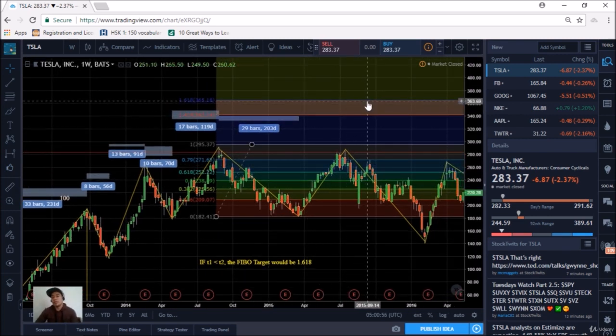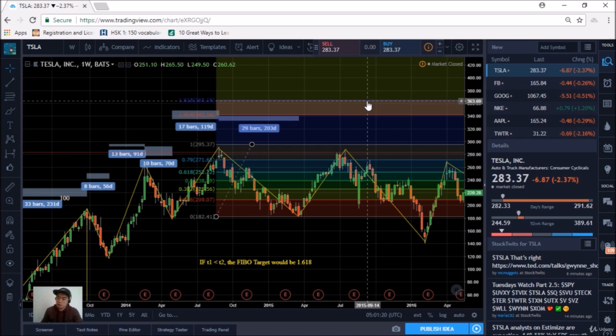Now you can see that the Fibonacci target moved from 0.618 to 1.618, which is getting harder for the buyer to achieve. When it goes to 1.618, it normally does not achieve its target.